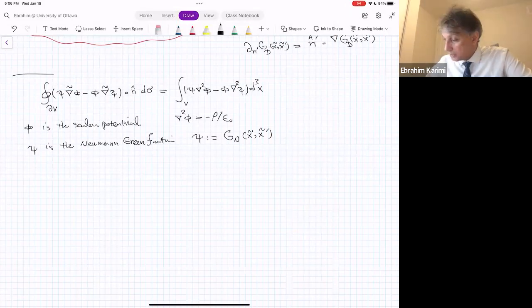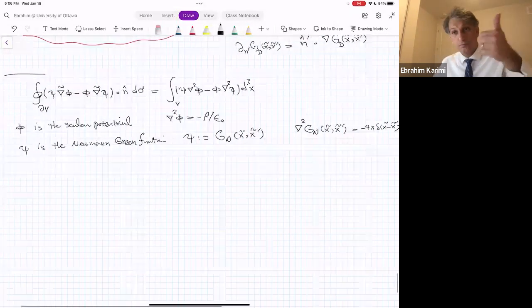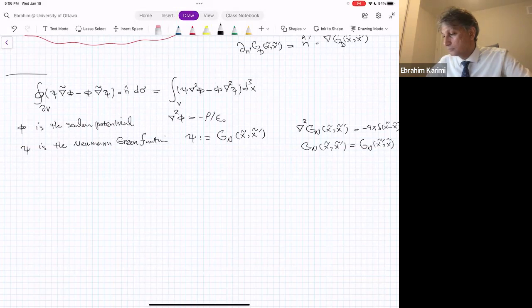One, as soon as we talk about Green function, it should satisfy this equation: Laplacian equals minus 4 pi delta of x minus x prime. Good. The second condition is that G_N of x and x prime is equal to G_N of x prime and x. It's symmetric. It looks like 1 divided by the magnitude of x minus x prime. Doesn't matter which way you write it.